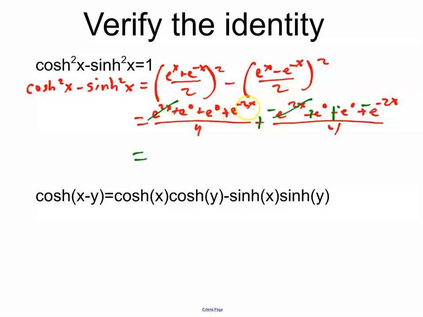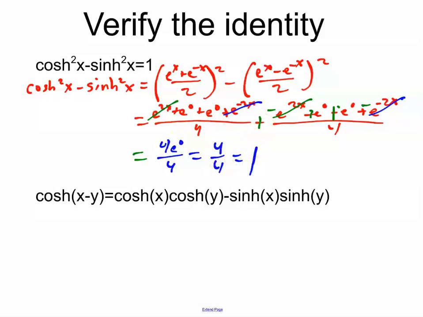I've got e to the negative 2x and a minus e to the negative 2x, so those cancel out too. I'm just left with 4e to the 0 all over 4. And anything to the 0 power is just 1, so that's 4 over 4, which equals 1. That's what I wanted it to equal, so we've got the answer.